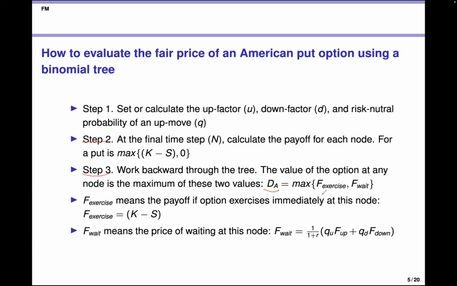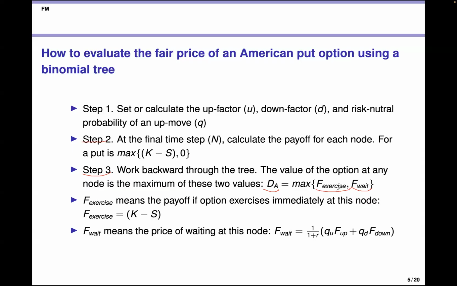So we have a new formula for F wait. We also compute F wait and see what is better, to wait or to exercise. We need the price of waiting and the price of immediately exercising.